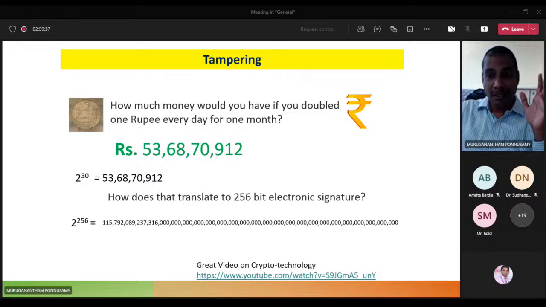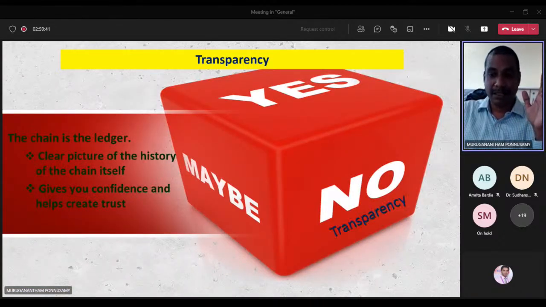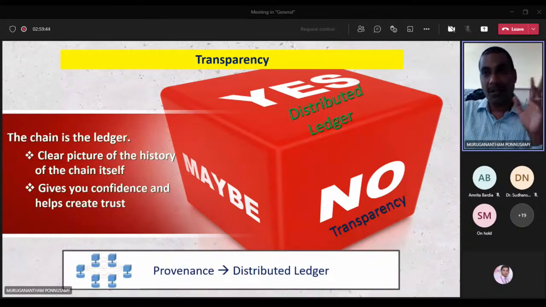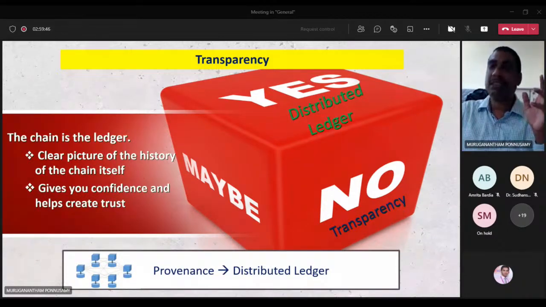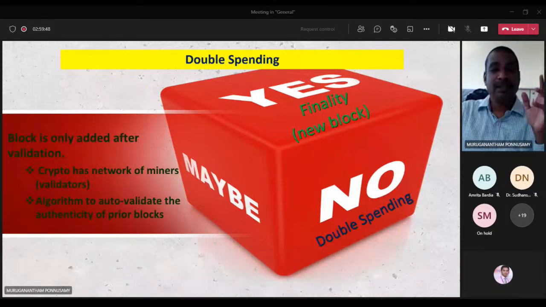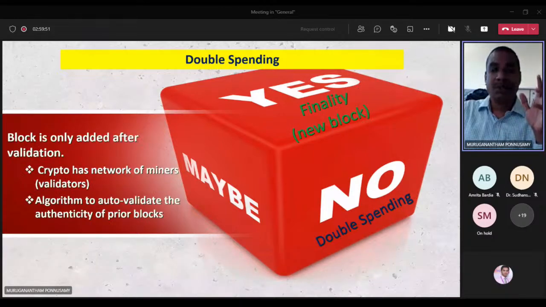So the transparency is very clear and people will get a lot of confidence and trust. Here, the term is called distributed ledger. And for double spending, here we call it crypto's network of miners, which are called validators. When you say validators, in layman's terms, in finance it is the receiving end. Of course, there is algorithmic auto validation, but the algorithm is going to be created by us.